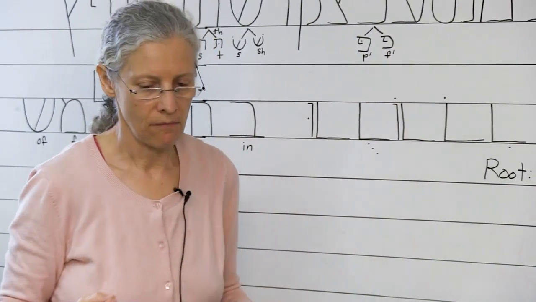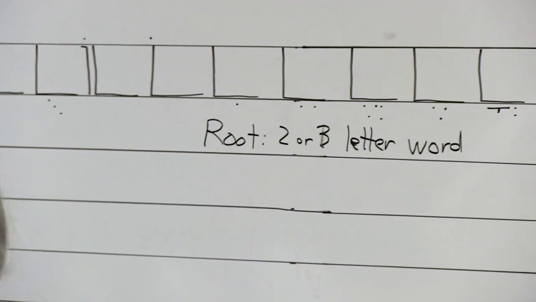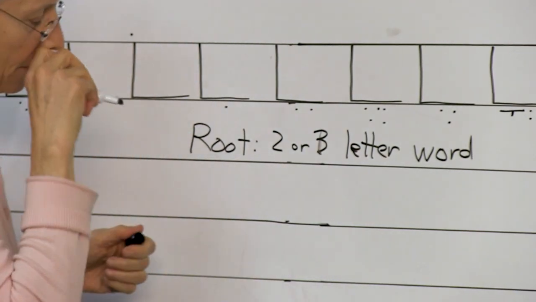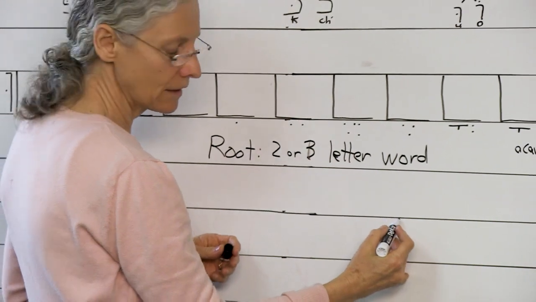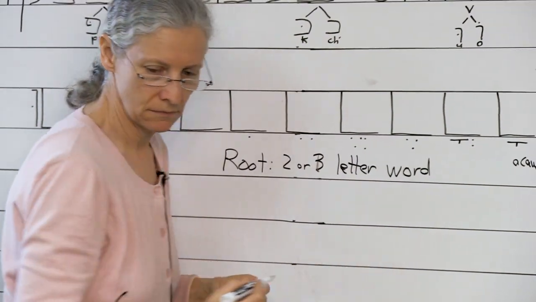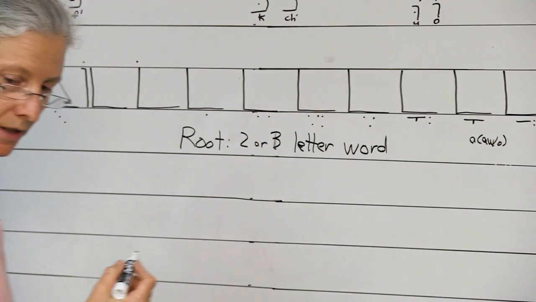Is this a root? Does it have 2 or 3 letters? Yep, that's one. Okay, so tell me what your letters are for your root. Well, first of all, dalet, right? Dalet. Yeah, there you go.